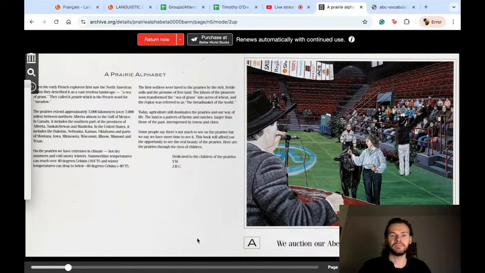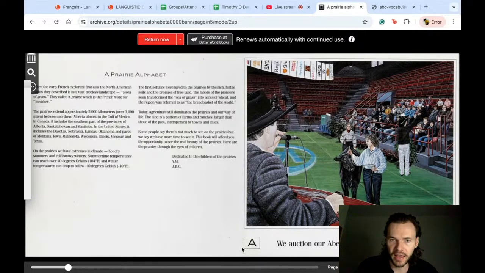Okay. So, the first letter of the alphabet is A. A is for we auction our Aberdeen Angus at Agribition. Okay.